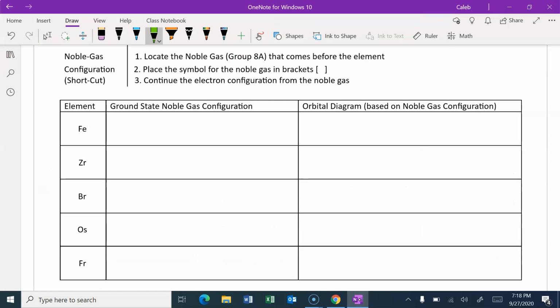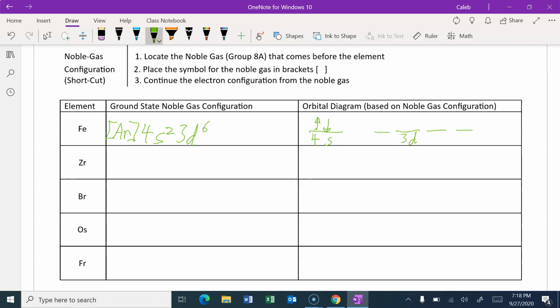So, argon, Ar, 4s2, 3d6, and we could do the orbital diagram too. Just do 4s2, and then 3d.